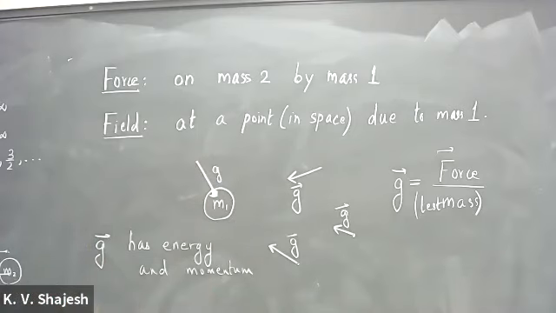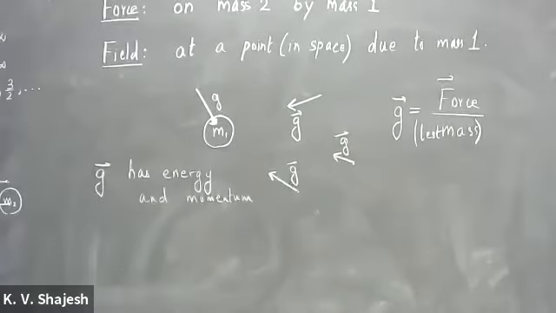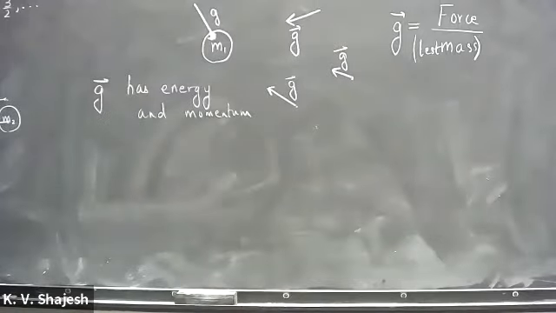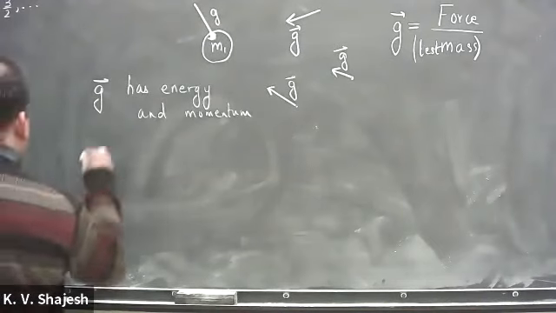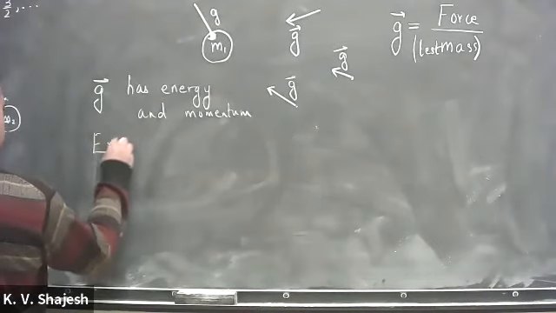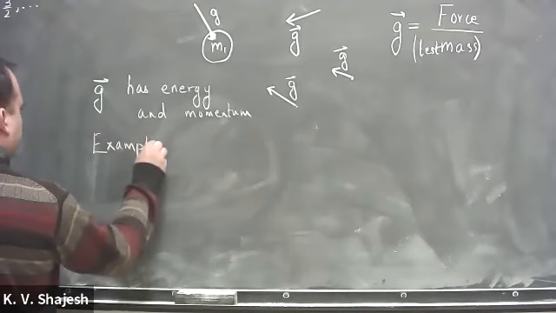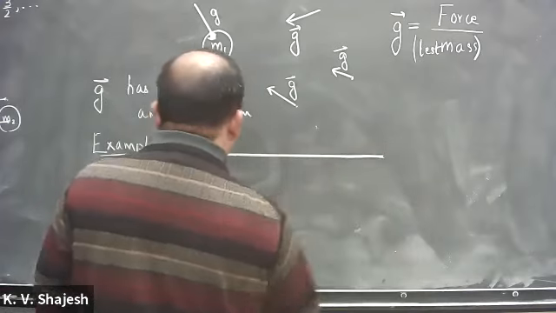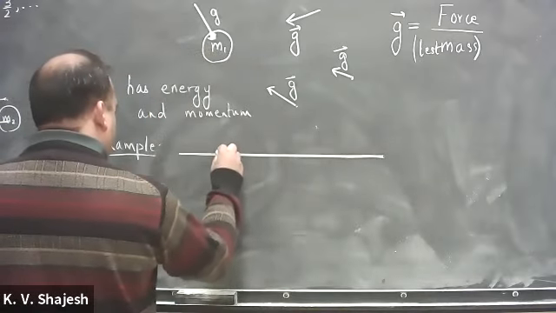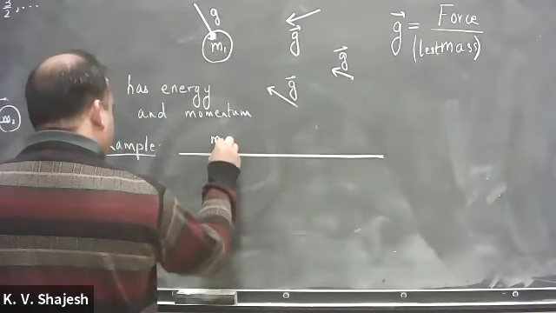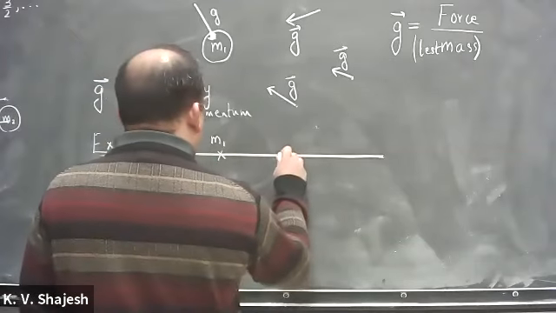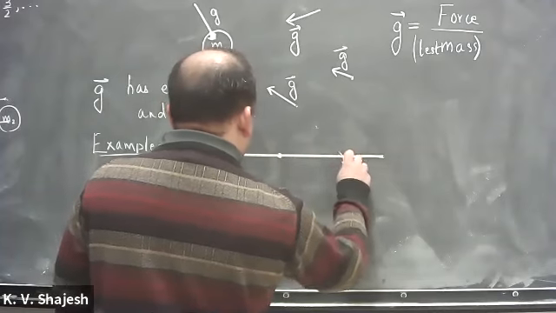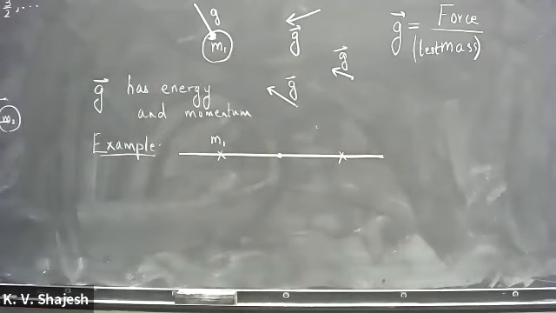So let's do an example to clarify. Let's first talk about just one straight line. That is M1 sitting here, that is the origin here, and that is M2 sitting at exactly distance D on the other side.